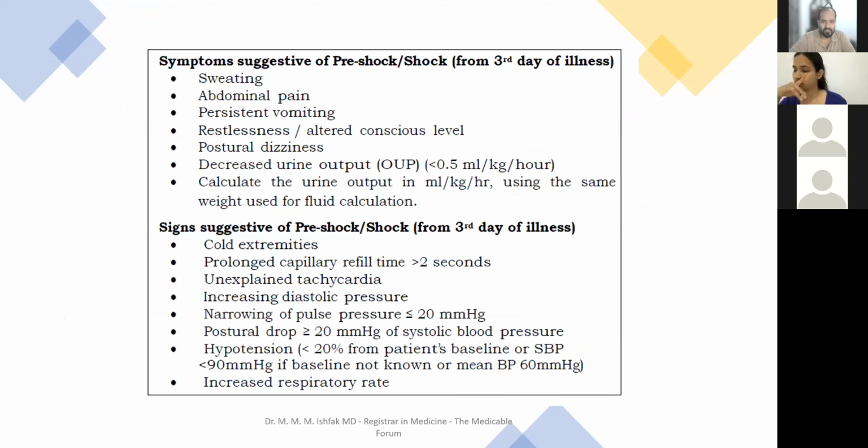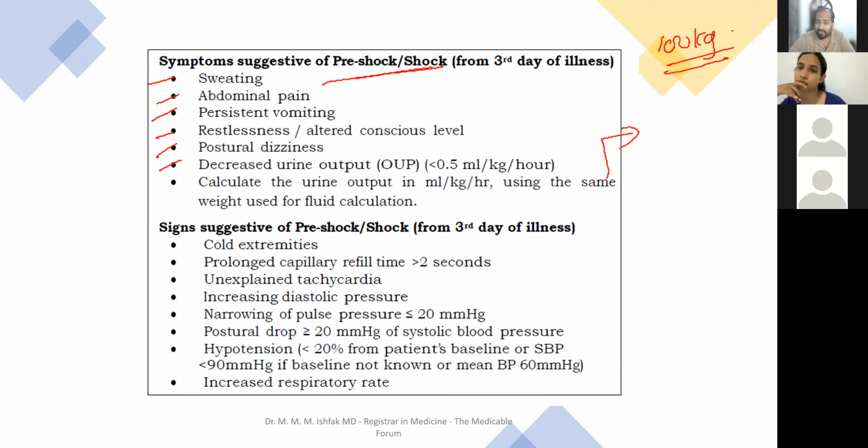So, symptoms of shock or symptoms that patients are going into shock. They might be complaining of sweating, abdominal pain, persistent vomiting, restlessness, altered consciousness, postural dizziness, reduced urine output, right? So another important thing, when you are calculating the urine output, let's say the patient's weight is 100 kg.